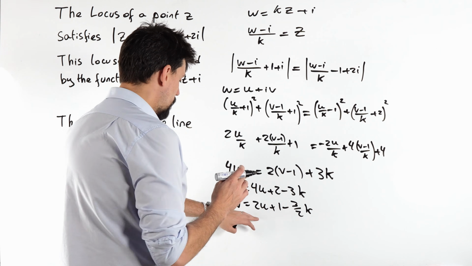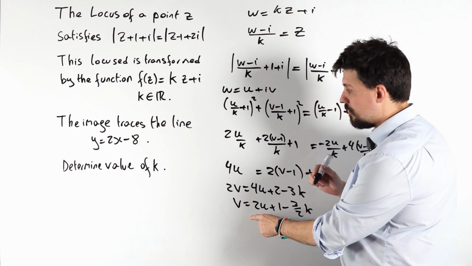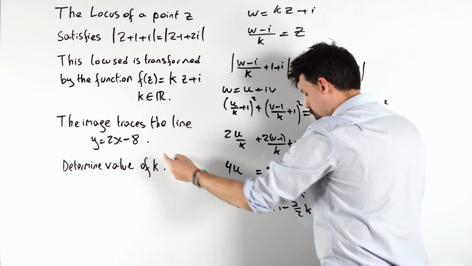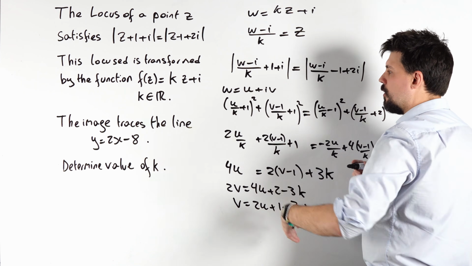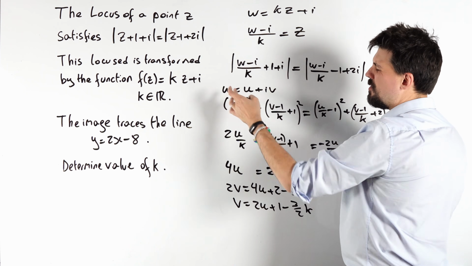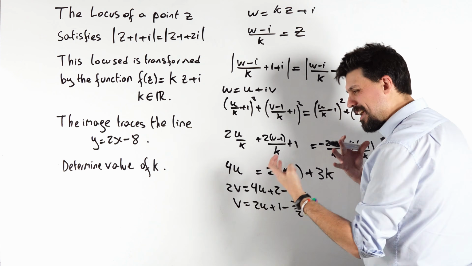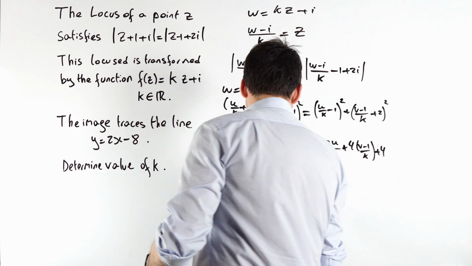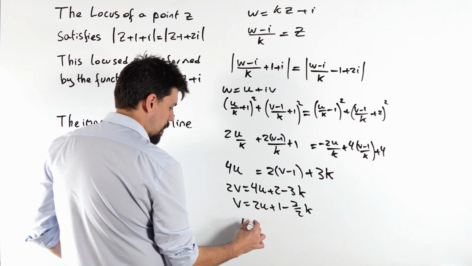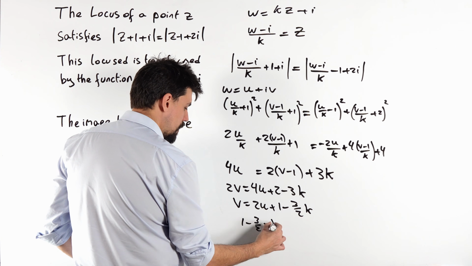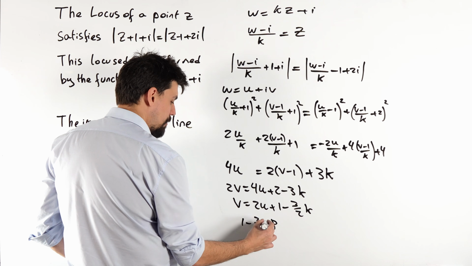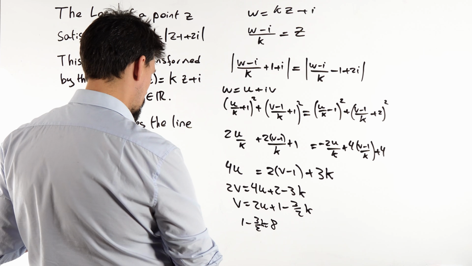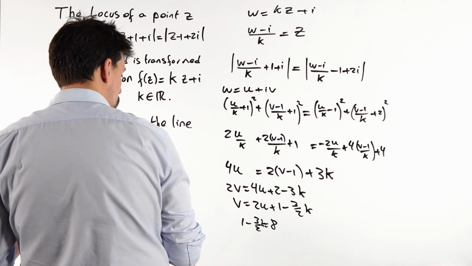Right, so this is respecting that relationship, right? v is my y, 2x, 2u. So I possibly could have done all of this with x's and y's, but once I've used w, u and v feels more right. It feels right, you know? But I need this to equal minus 8. So we need 1 minus 3k over 2 to equal minus 8. That looks terrible.